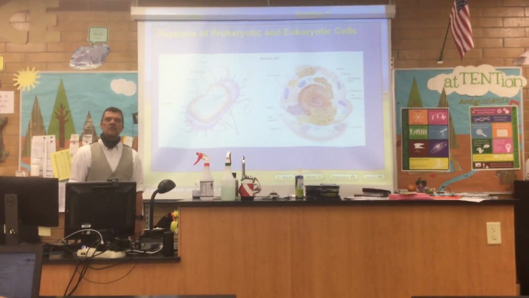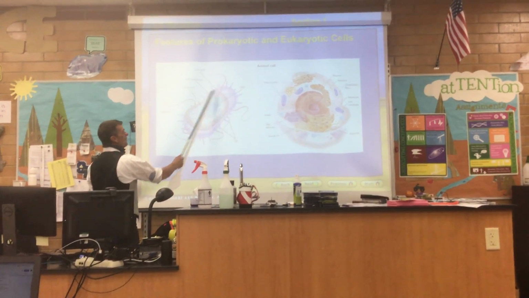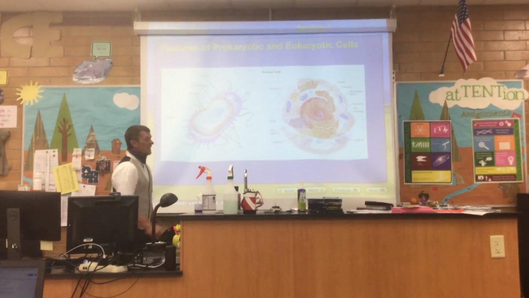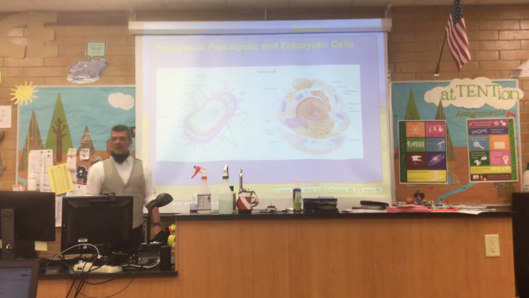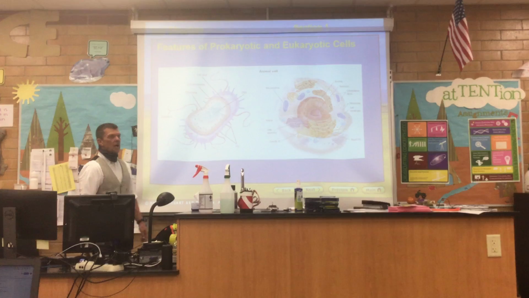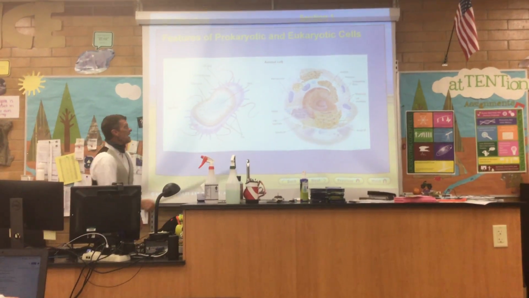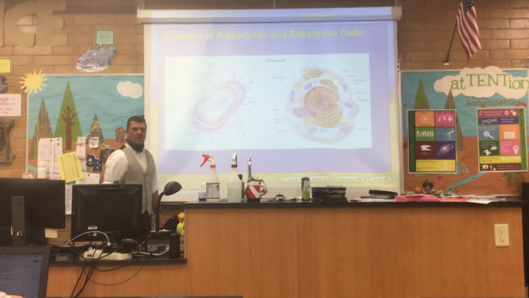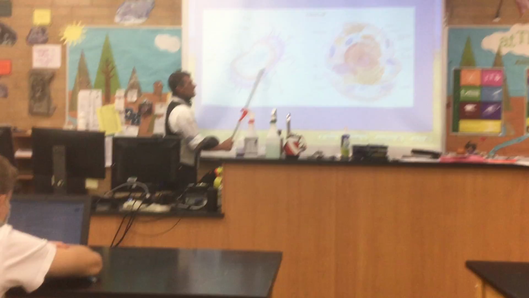And then there's the old-fashioned cells called prokaryotes. These are called eukaryotes. These are called prokaryotes. These are bacteria cells, also known as germs to most people. This picture doesn't show it right, but these are actually much smaller. In fact, this cell right here should be about the same size as this little part right here.